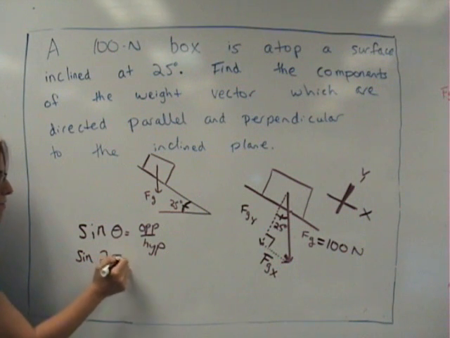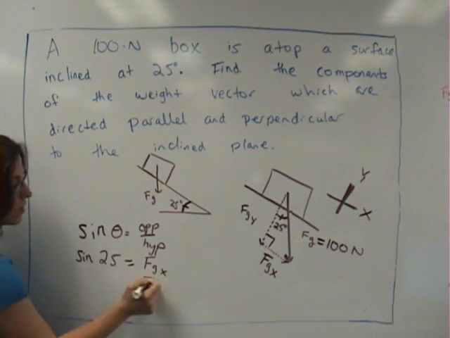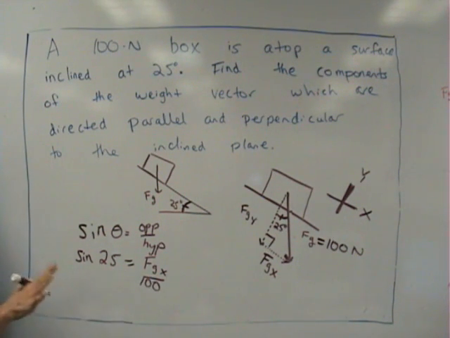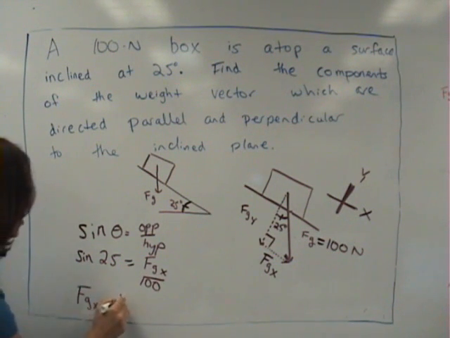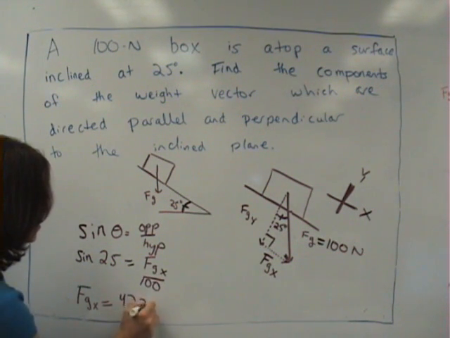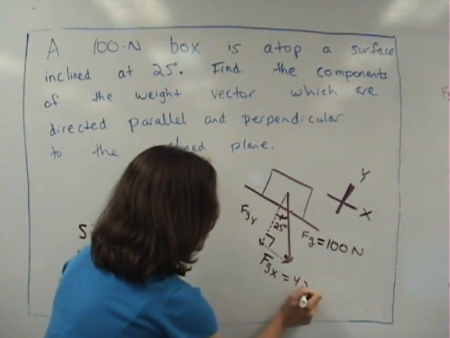Sine of 25 is my opposite side, force of gravity in the x direction, over 100, my hypotenuse. And again, x is weird that it goes with sine, but in this problem it does. When you finish this off and you solve for the force of gravity in the x direction, you get 42.3 newtons. So I can go ahead here and write 42.3.